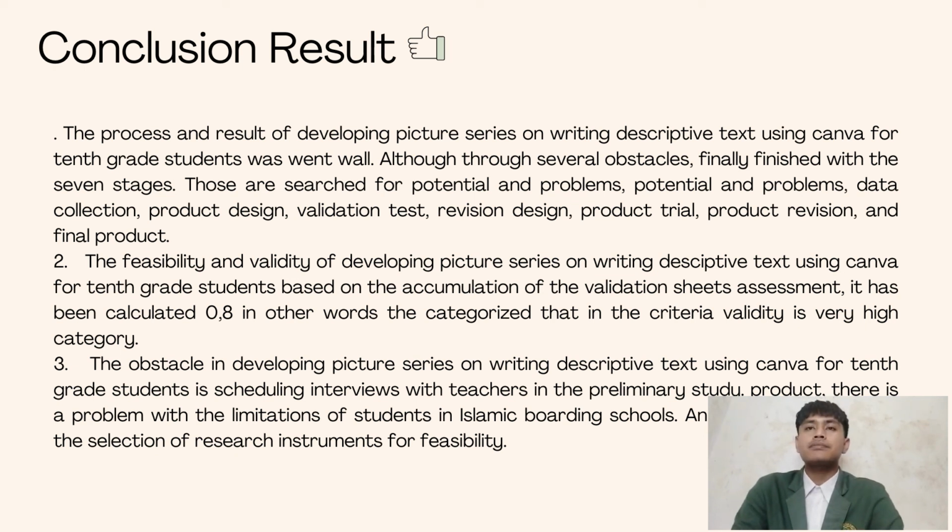And the second, the feasibility and validity of developing picture series on writing descriptive text using Canva for 10th grade students, based on the accumulation of the validation sheet assessment, has been calculated at 0.8. In other words, it falls in the very high category of the validity criteria.